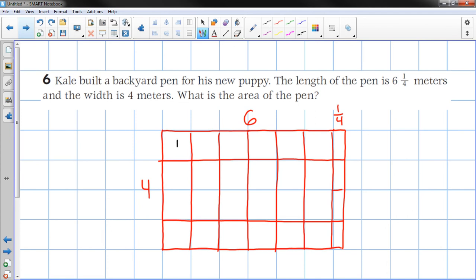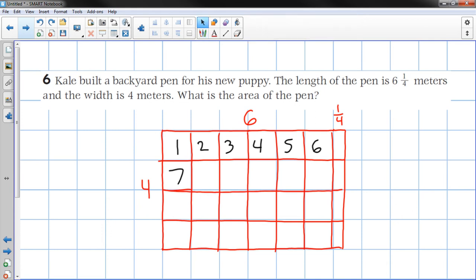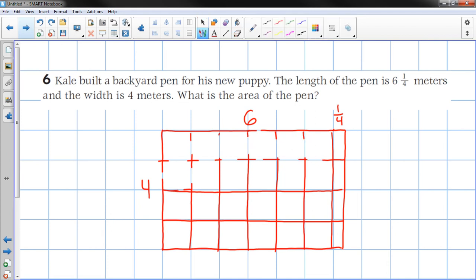Well, I could count these. 1, 2, 3, 4, 5, 6, 7, etc. You could count them all if you wanted to. Or if you knew a little something about what's going on here, you know that this highlighted area right here is really just a multiplication problem. 6 times 4.